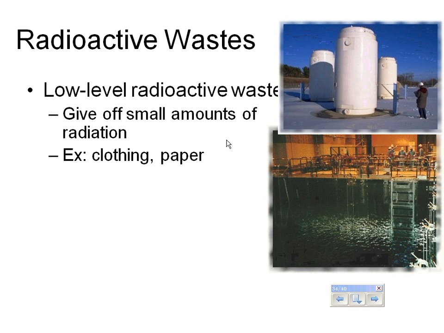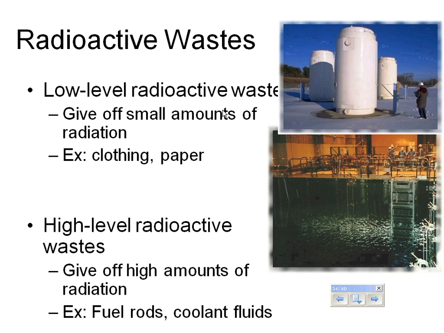High-level radioactive waste gives off high amounts of ionizing radiation. You can see here some examples would be the fuel rods and the coolant fluid, so that water under high pressure in the primary circuit. That would be an example of high-level radioactive waste.